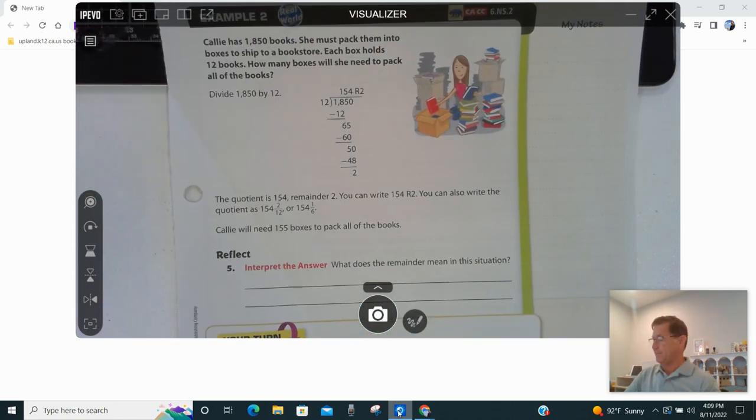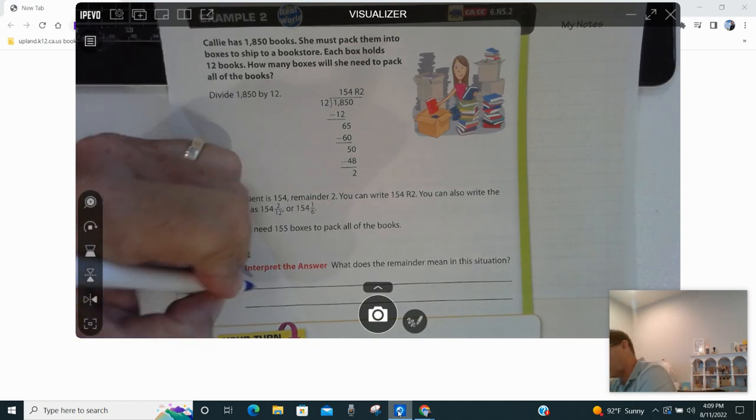What does the remainder mean in this situation? Well, that's how many books were left over.